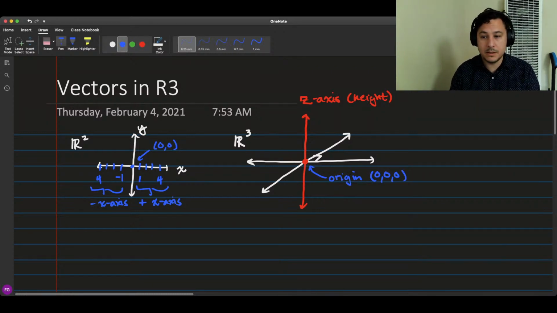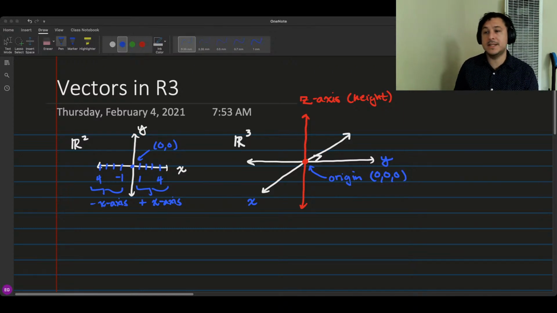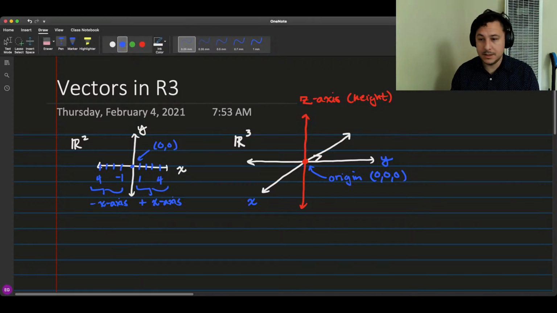This one will be x. This one will be y. And now you have to decide where the positive numbers are going to be. So this stuff right here, this is your positive x-axis. And if you go like into the screen, that would be the negative x-axis.